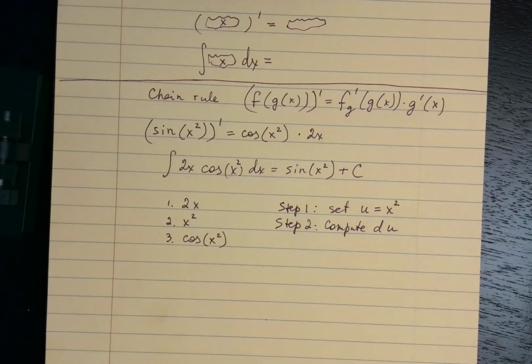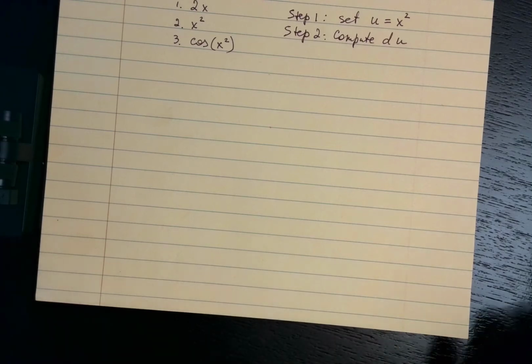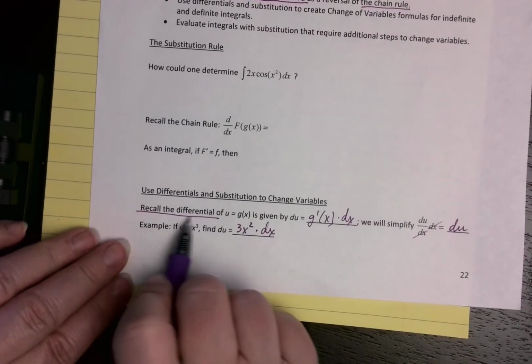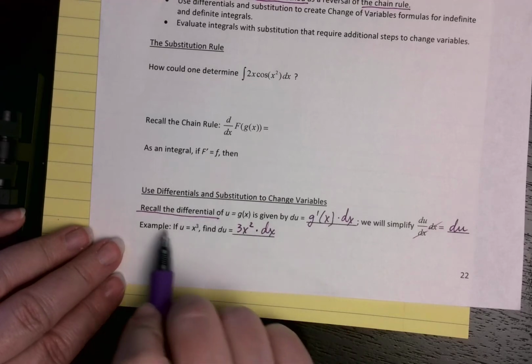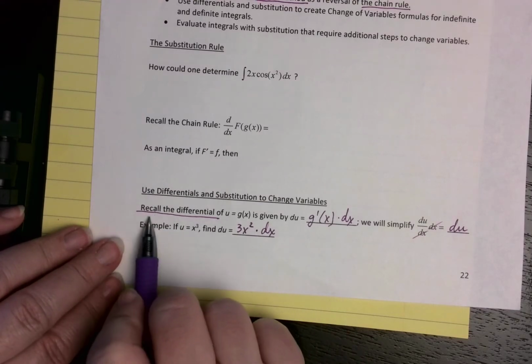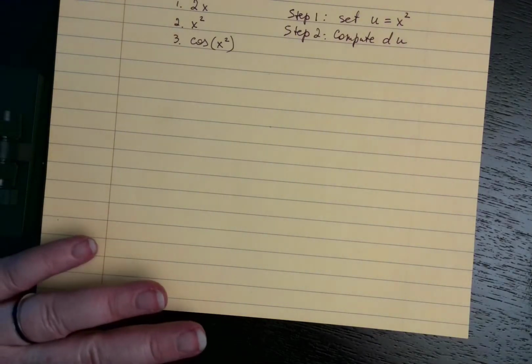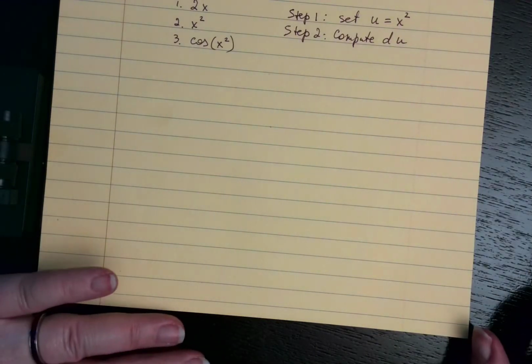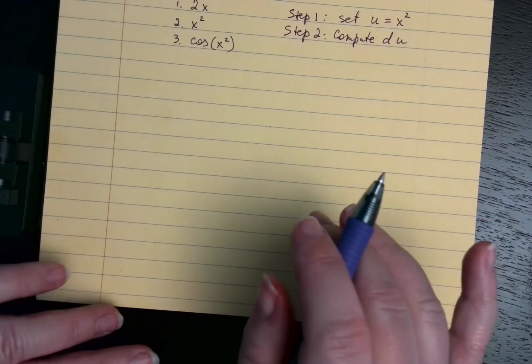And now we have to step a little bit aside, because in your notes they say, recall the differential of u is given by. And I have a strong suspicion that you don't recall any differentials, because maybe you didn't. We used to teach them in Calc 1, but then somehow they disappeared.